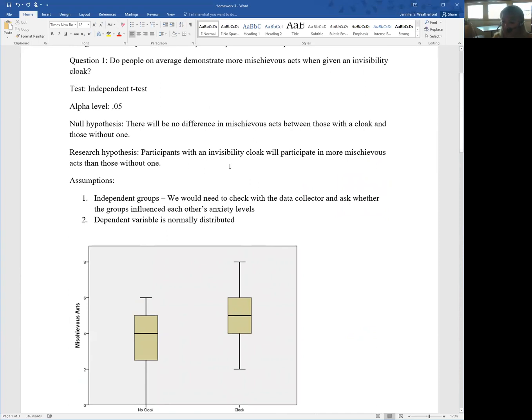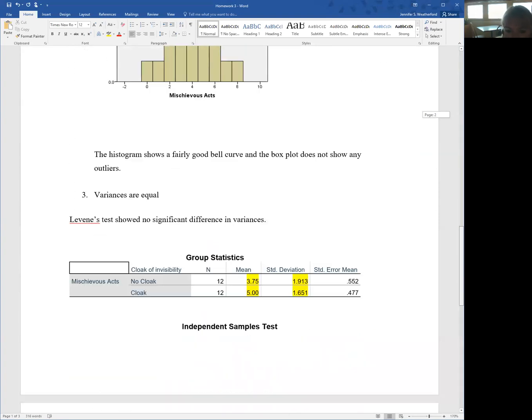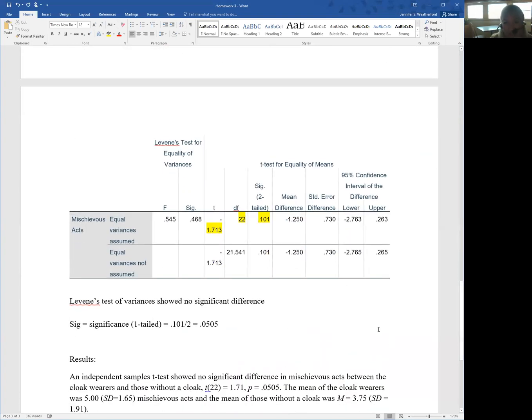They're not just different, because when we say they're different, that's two tails. Could be more, could be less. But we're going to say either more or less. And that's just one tail. And that's because we're the researchers, we're the experts. We know human behavior. We know that if people have an invisibility cloak, they're more likely to get into mischief. And so we can go with a one-tailed test.